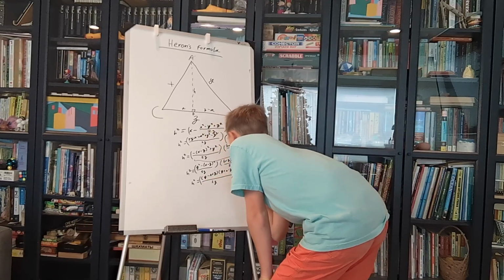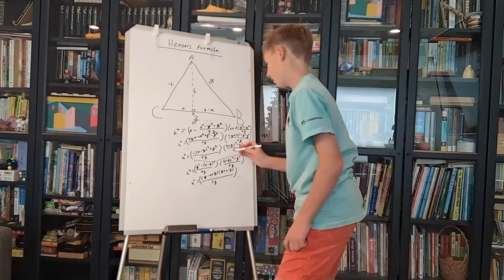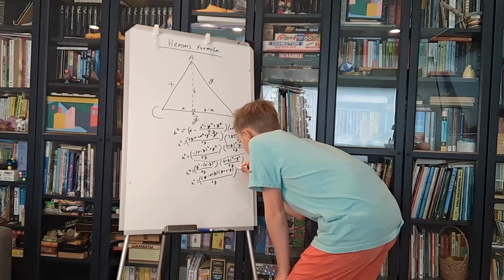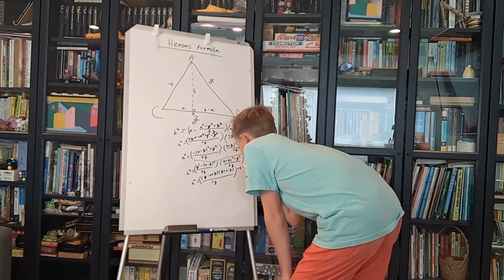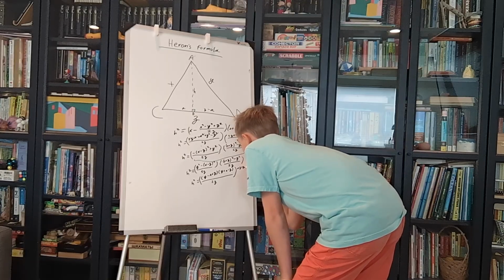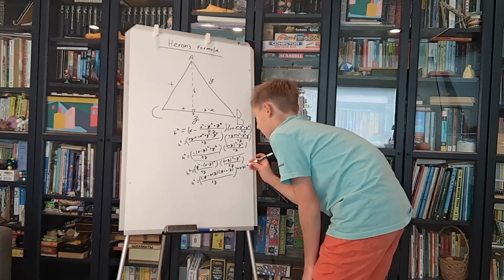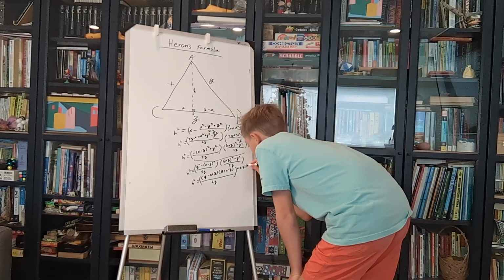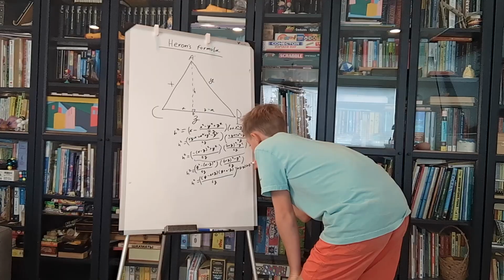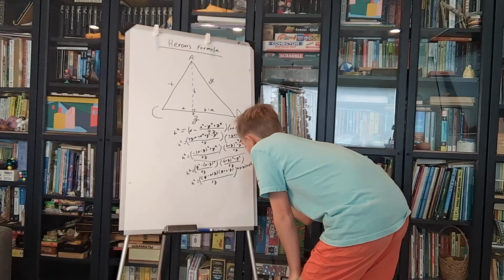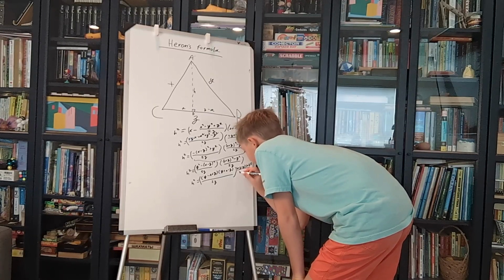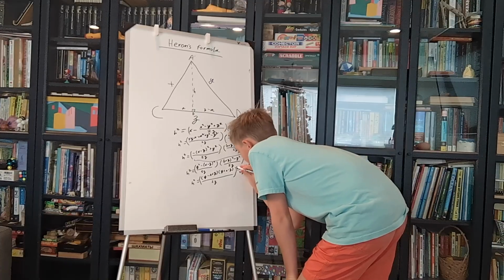And then you multiply all of this by x plus z plus y times x plus c minus y, all this over 2c.